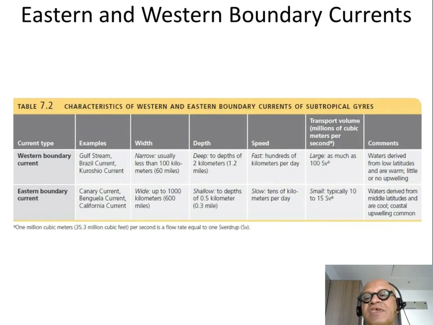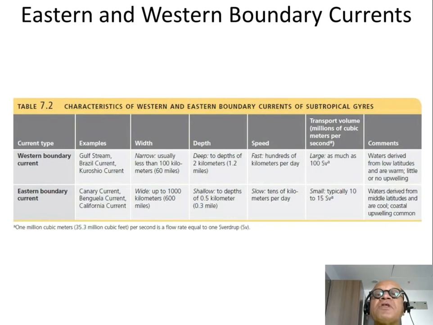What is SV? SV is Sverdrup. Below you can see in the footnote. Harold Sverdrup was one of the pioneering oceanographers who spent most of his time in California universities, Scripps Institution, and so on.